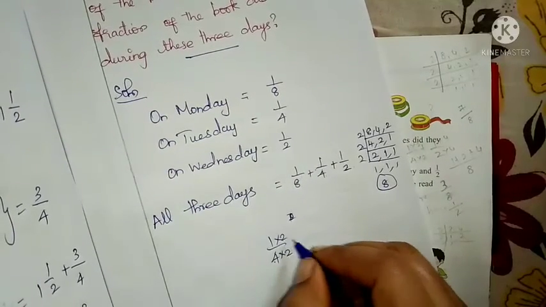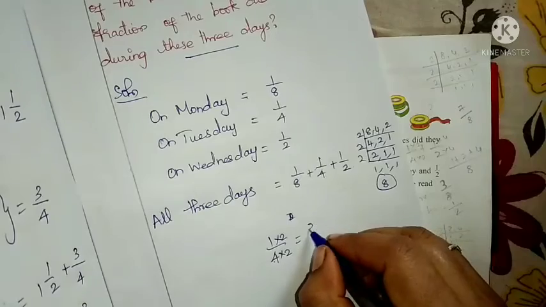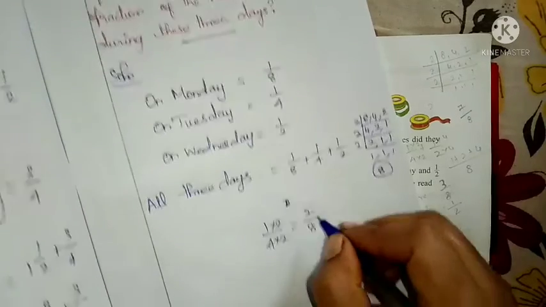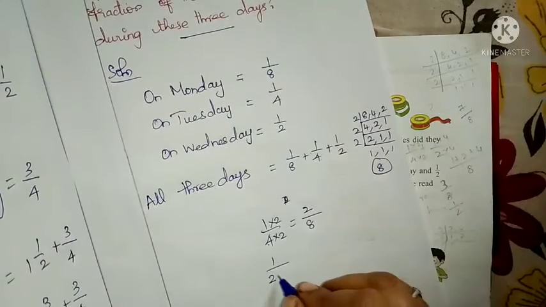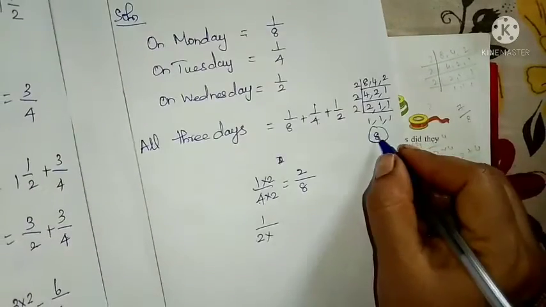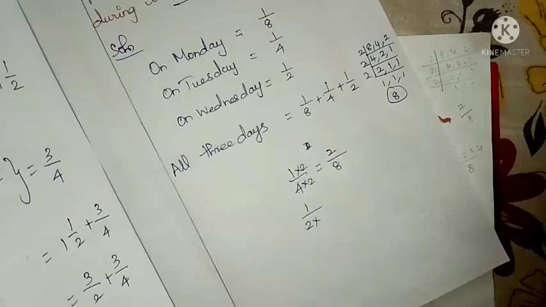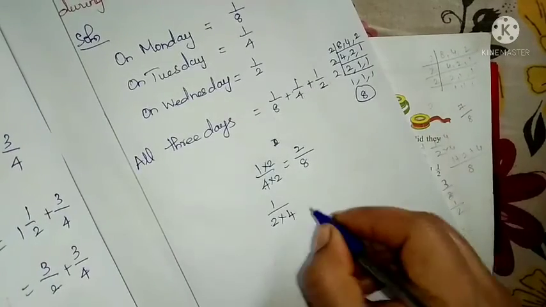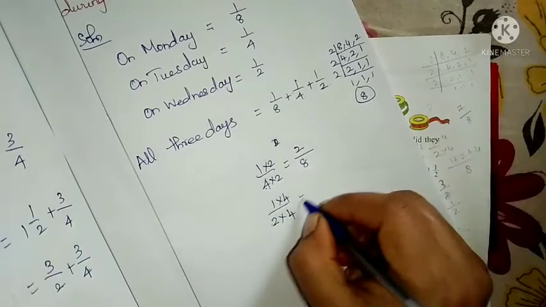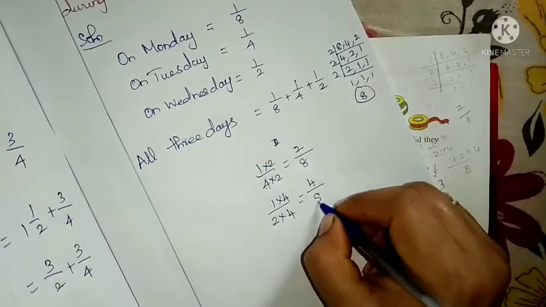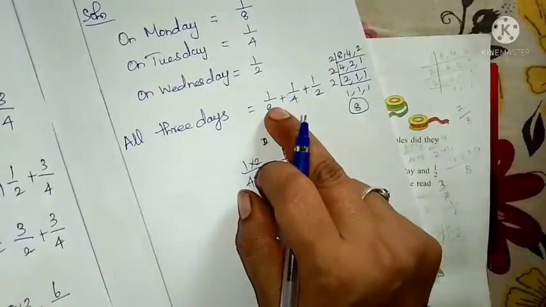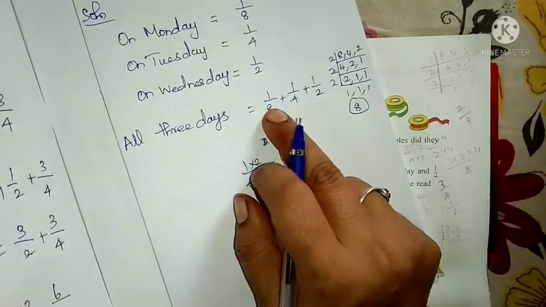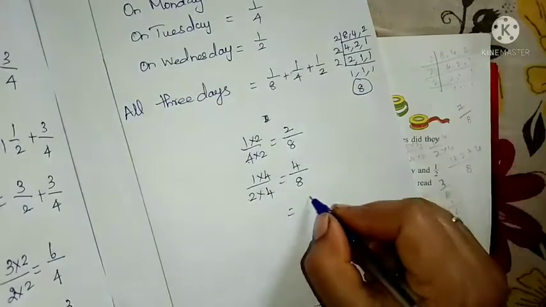Denominator 2, numerator also 2. So 1 2 is 2, 4 2s are 8. The next one is 1 by 2. In the 2 table, when you get 8, you get it at 4 times. So denominator 4 means numerator also 4. 1 4 is 4, 2 4s are 8. Already the first one is 8 only, so no need to do anything. We have to write it as it is.